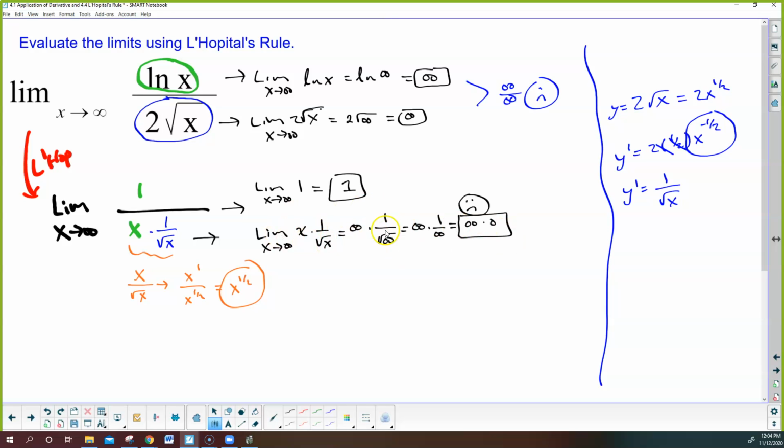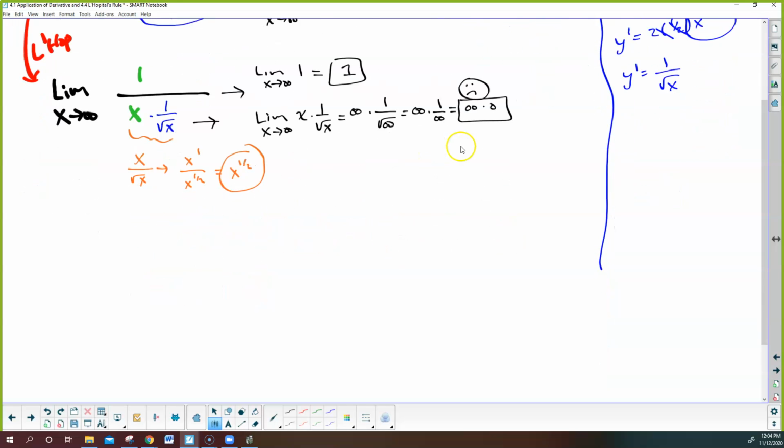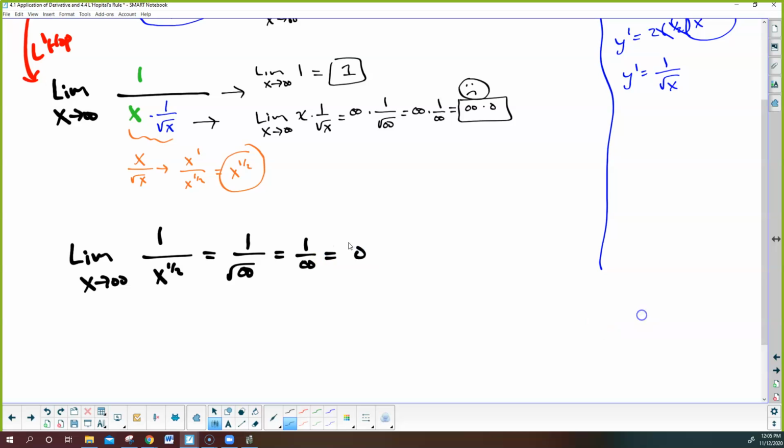So that tells a little bit different story. So I know the top would remain 1 and the bottom would remain the square root of x. So now I can just plug in infinity, and that actually proves that this limit will go to 0 as the algebraic simplification.